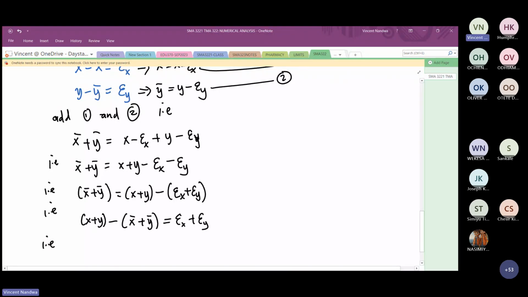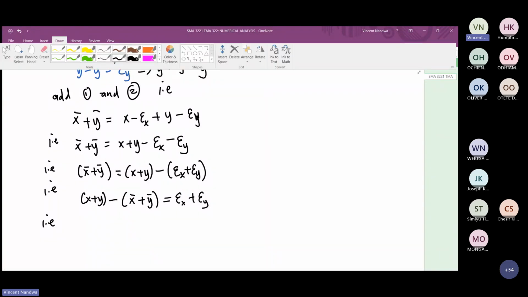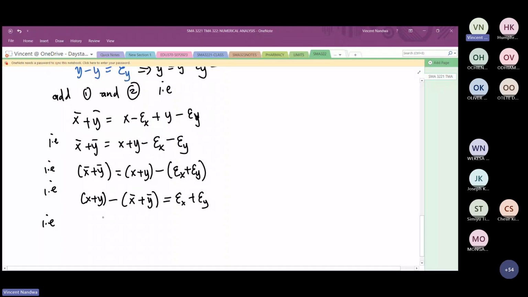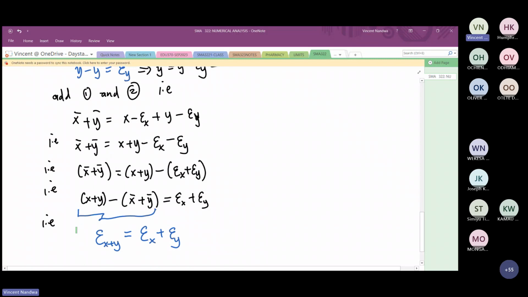So whenever you have an exact quantity subtracting an approximate quantity, then it must always be defining an error. Therefore, with this notation, the quantity on the left-hand side will be nothing but the error in the sum. So this is the same as error in x plus y is the same as error in x plus error in y. And this is a formula that we really wanted to derive.